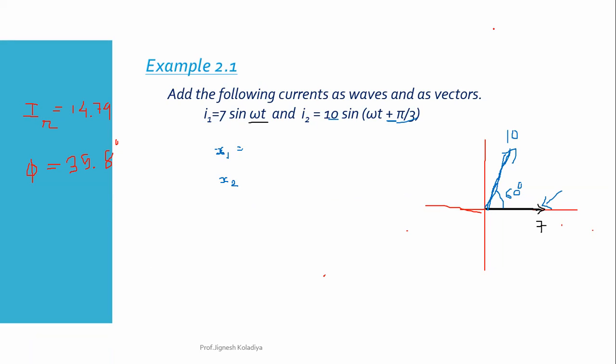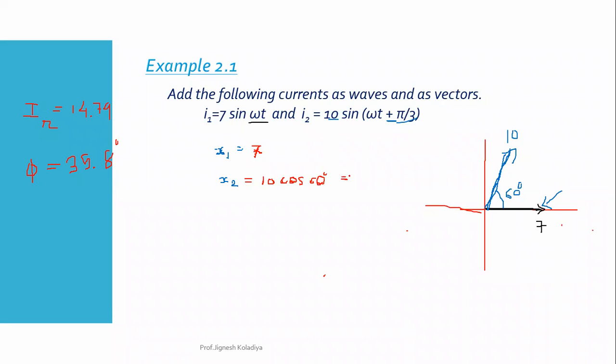What is the x component of I1? Yes, very good. It is 7. And what is the x component of I2? 10 into cos 60. 60 means it is 1 by 2.